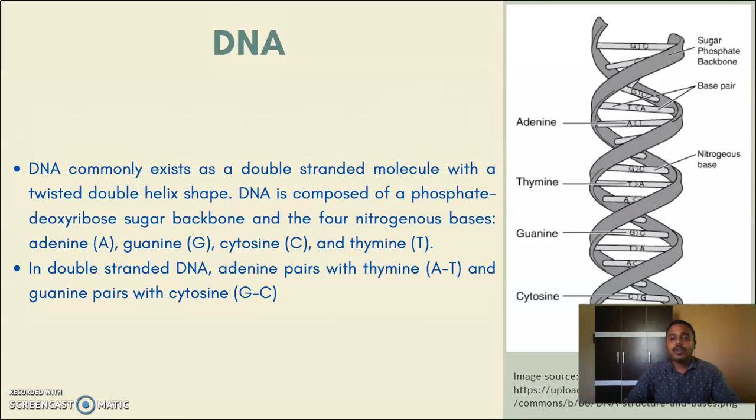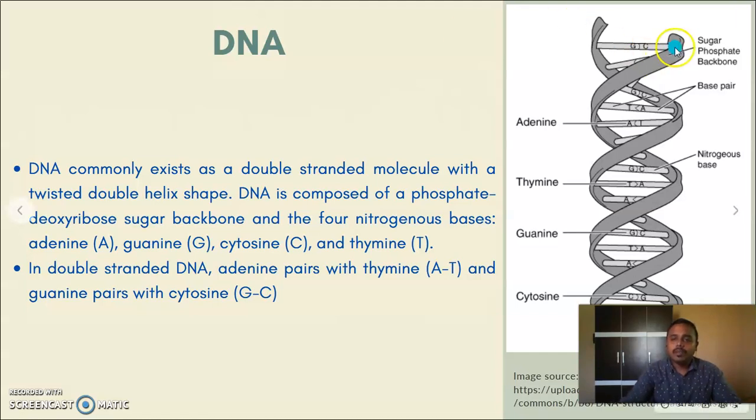This is what we call complementary pairing. This complementary pairing is very important in formation of this particular structure. If this complementary pairing doesn't work in a proper way, it leads to mutation. For example, if adenine, instead of pairing with thymine, pairs with cytosine or guanine, it leads to a mutation at that particular site.